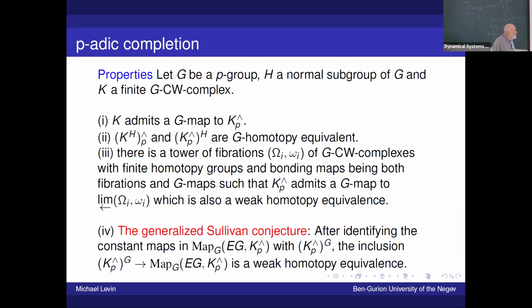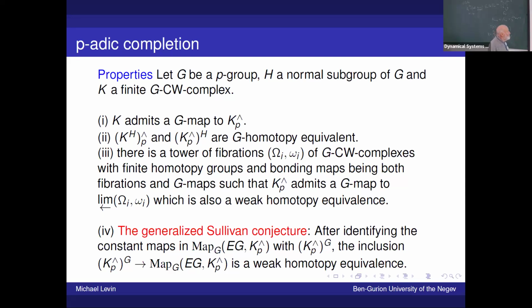The Sullivan conjecture was posed by Miller after he proved the initial version of the Sullivan conjecture for trivial actions of G on spaces. And the generalized Sullivan conjecture was proved independently by Carlsson, Lannes, and Miller, and someone else, in the 80s of the last century.